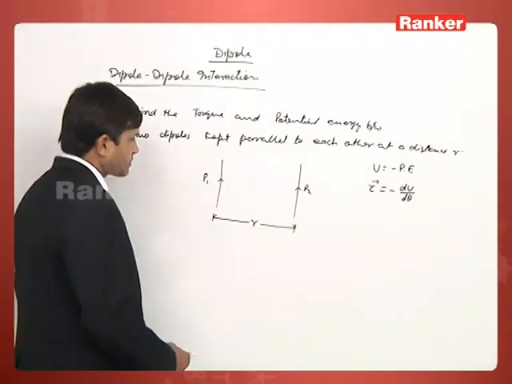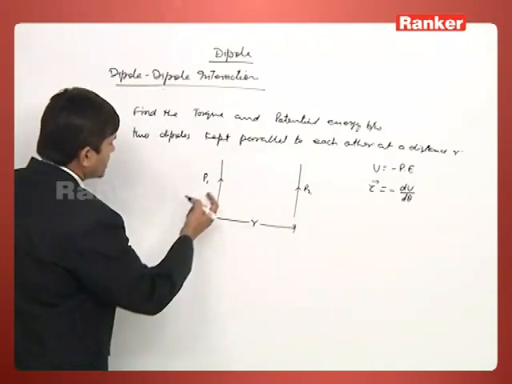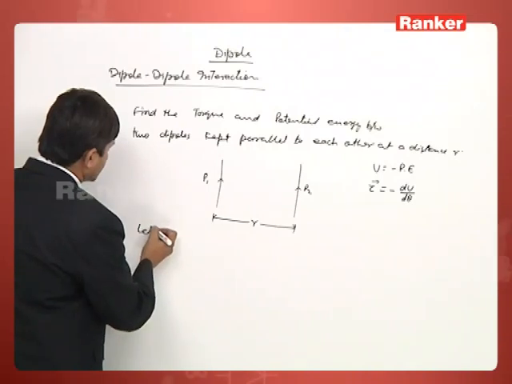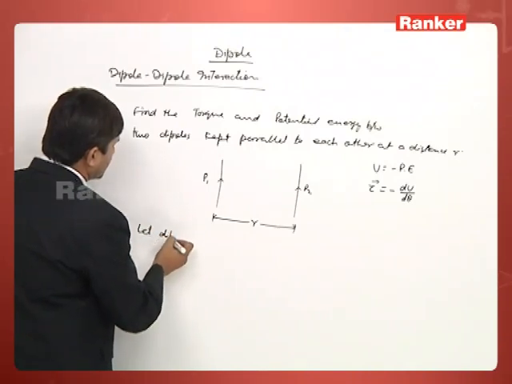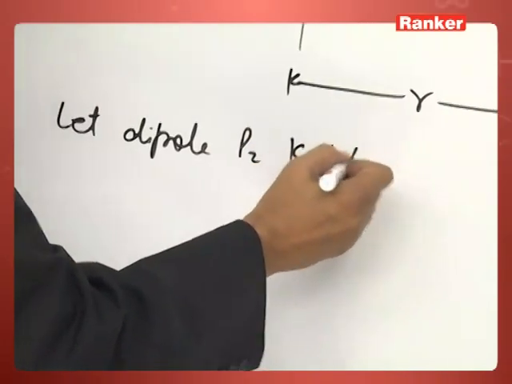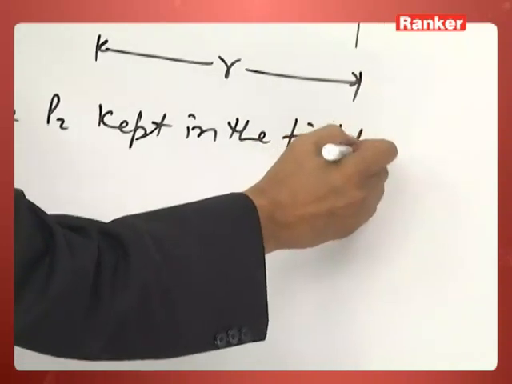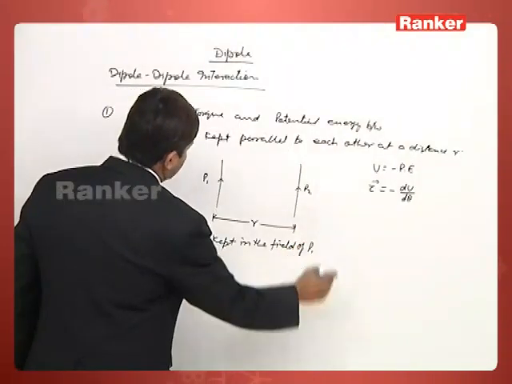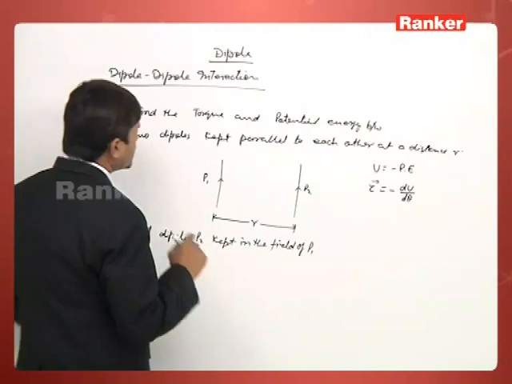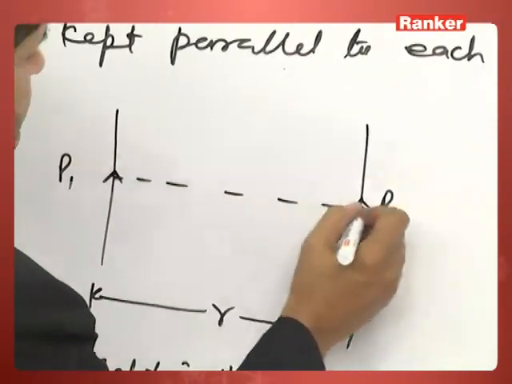Let dipole P2 be kept in the field of P1. So the location of P2 is the equatorial position of P1.